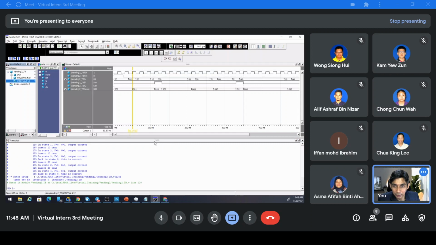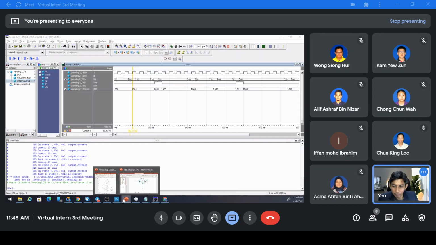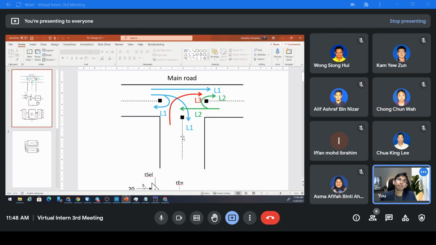But in research, we can propose other options. For example, we can use FPGA or even microcontroller.